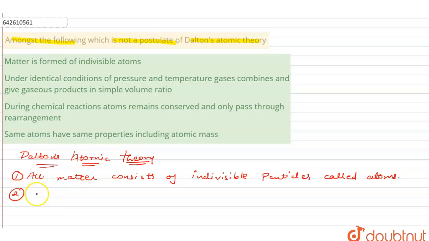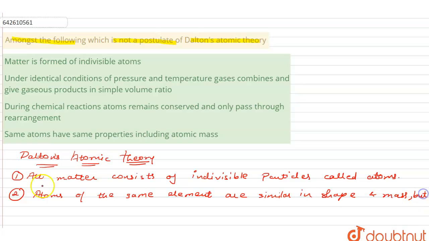Number two postulate says that atoms of the same element are similar in shape and mass, but differ from the atoms of other elements.